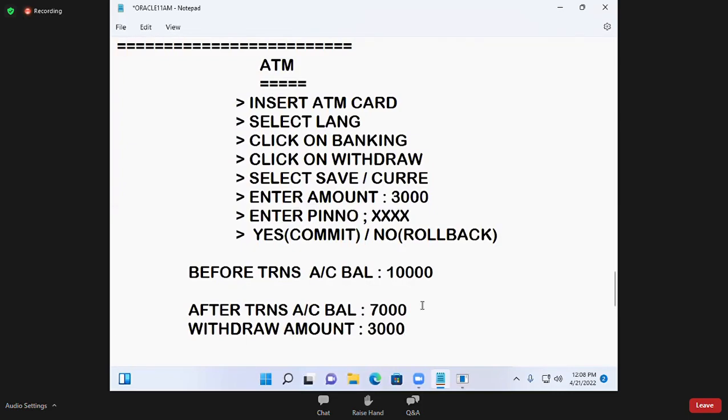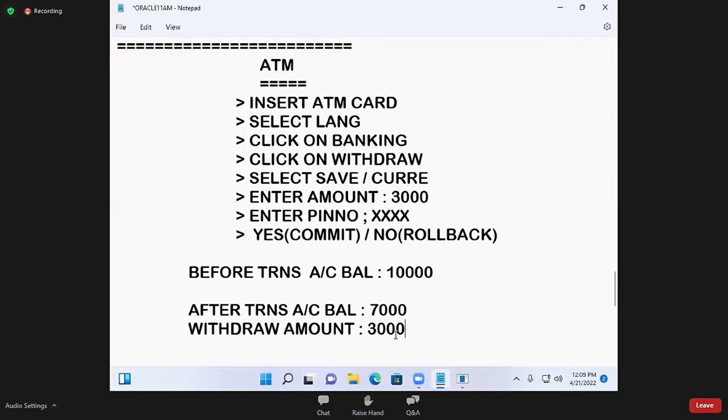Balance plus withdraw amount gives the total before balance. Right or wrong? What is the before balance? 10,000. After withdraw, 7,000. How much amount did I withdraw? 3,000. So my balance 7, my withdraw 3, 7 plus 3 is 10. 10 is equal to before transaction. Satisfied? Yes. This is called consistency.